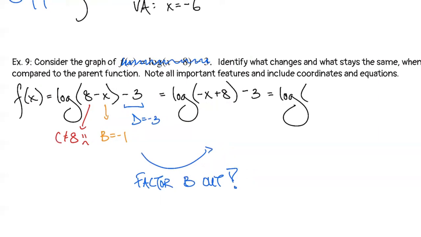I agree that the B is -1. What's left inside the parentheses when we factor out a -1? Yes, x minus 8. Good, good.